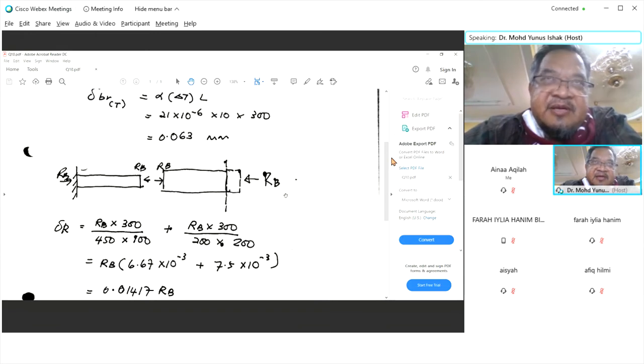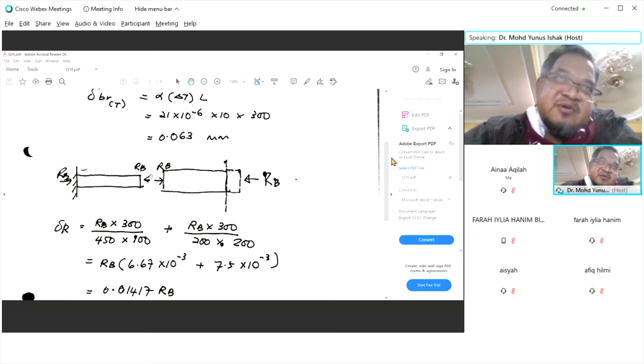And we apply RB on the right, pushing back to the original position, amount RB. Balance it, so we have RB on the far end. When you put RB here, you must eliminate that RB, put on the left, and it must be balanced with the right.